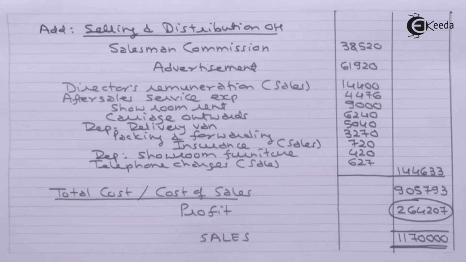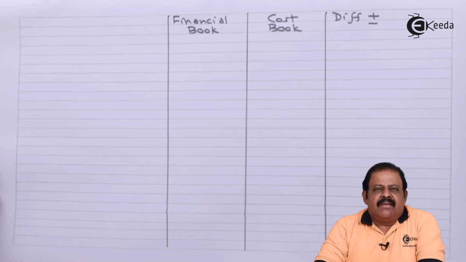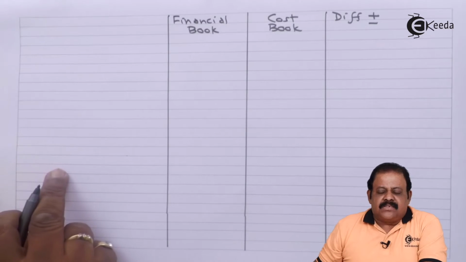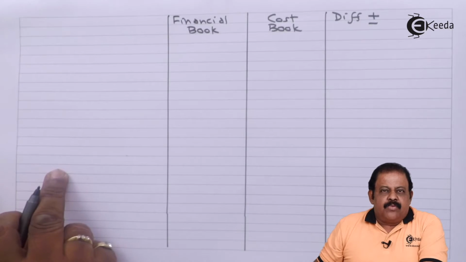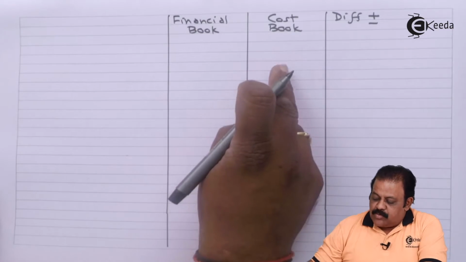So profit as per cost book is 2,64,207. We are required to make working notes, particulars, that is items of income and expenses as per particular books of account. Figure in financial book, first column, figure in cost book, second column.